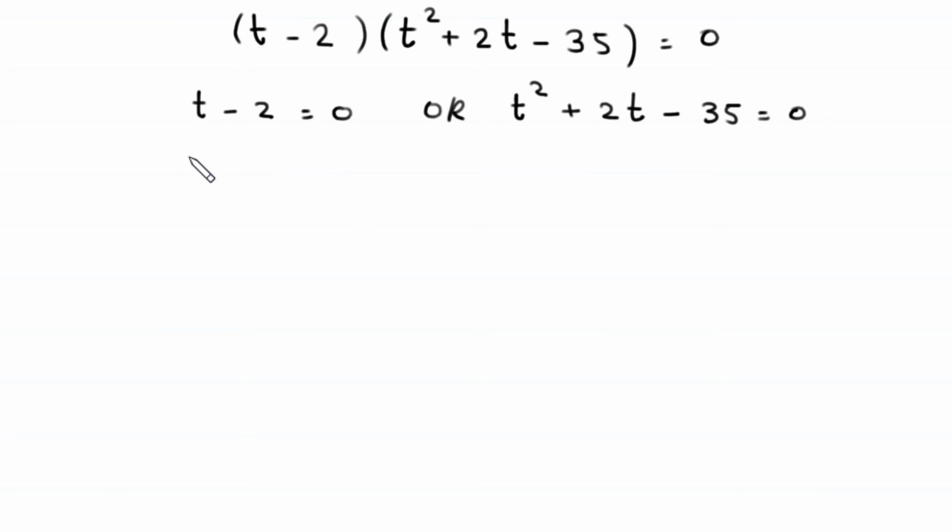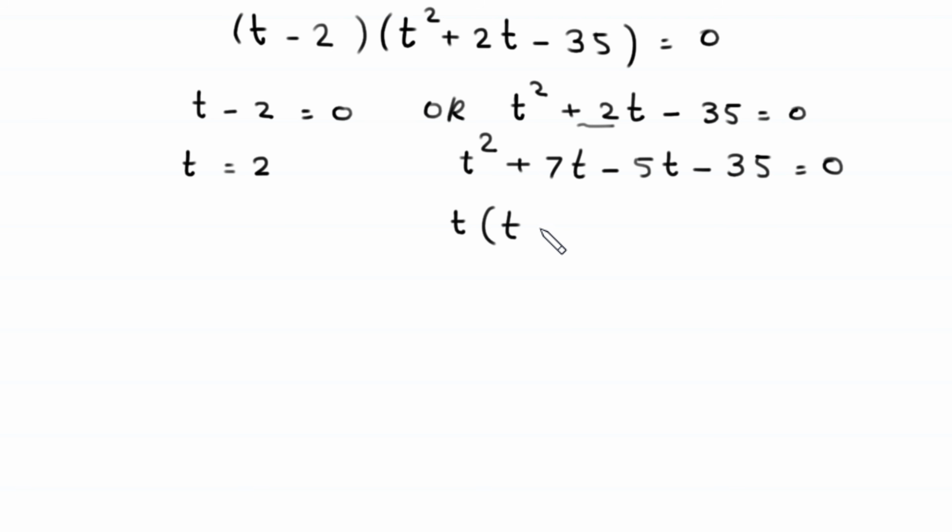From the first equation we get t equal to 2. For the quadratic equation we write t squared, and break 2t into two terms: plus 7t minus 5t minus 35 equal to 0. From the first two terms we factor out t, in brackets t plus 7. From the last two terms we factor out negative 5, in brackets t plus 7, equal to 0.